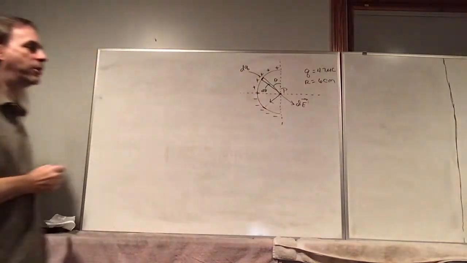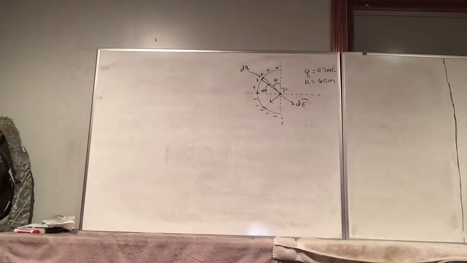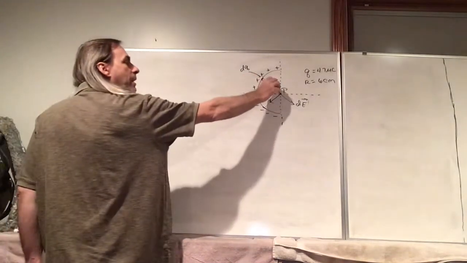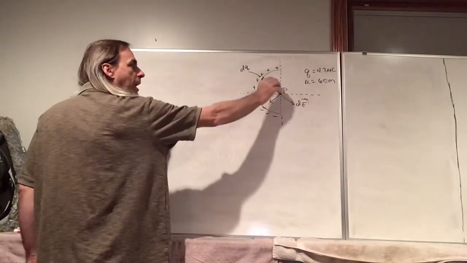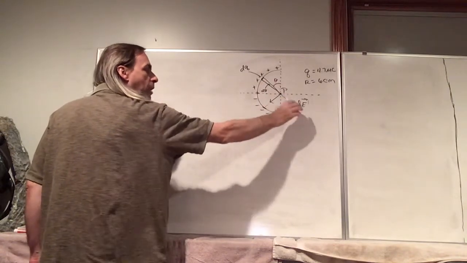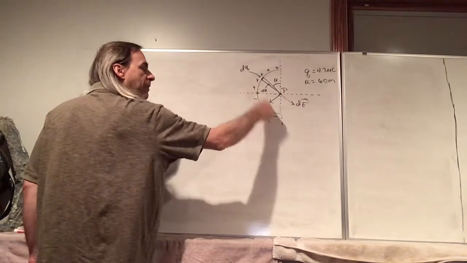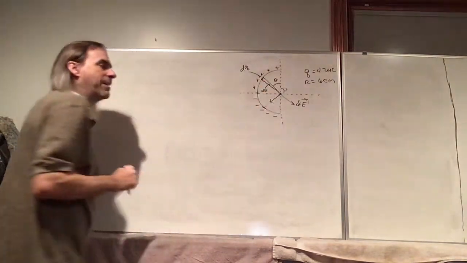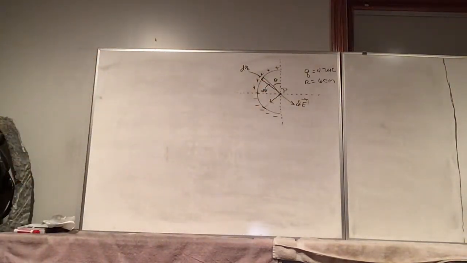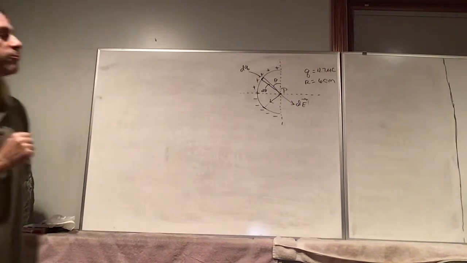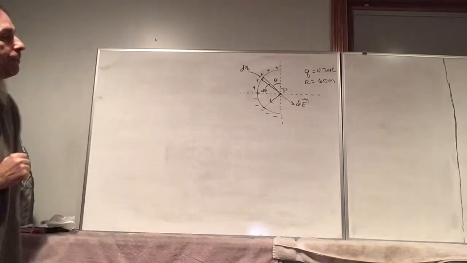So for every point on the positive side, we're going to have an electric field this way. For every point on this negative side of the loop, we're going to have this symmetric electric field, because the amount of charge in each portion is going to be the same.